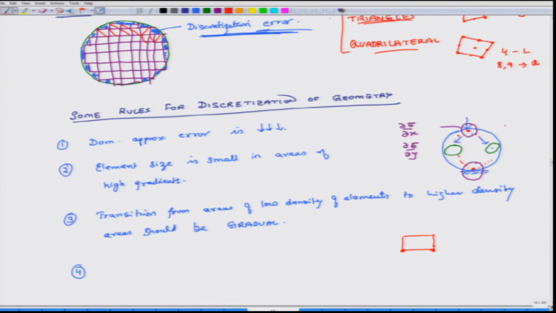So, suppose there is a linear rectangular element. If it is a linear element, it has 4 nodes, and in my mesh I also have a quadratic element.